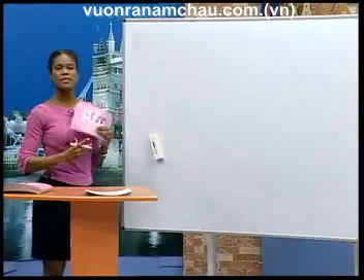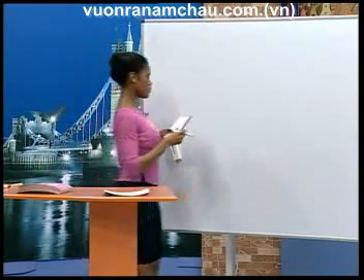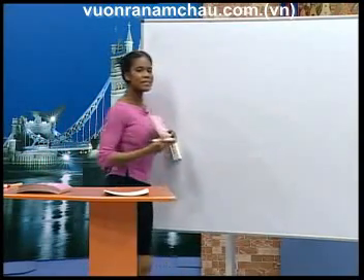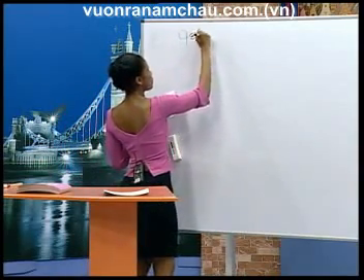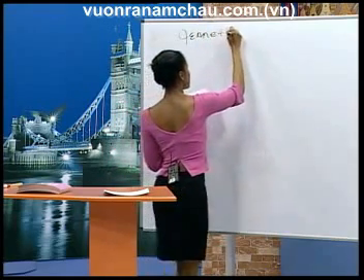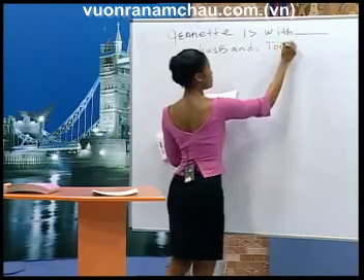Now, let's look at some examples using possessive adjectives. Okay, complete the sentences with possessive adjectives. Okay, Alberto, this is your sentence. Jeanette is with blank husband Tom. Can you please complete this sentence? Jeanette is with her husband, Tom.